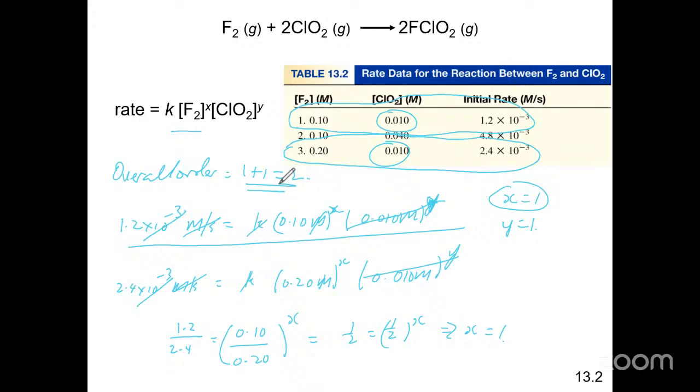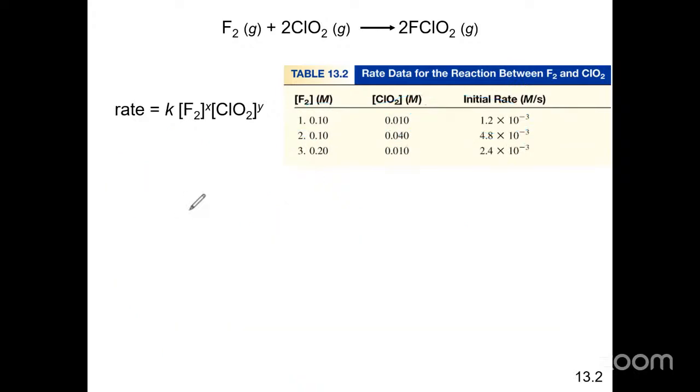Questions? Okay, one more thing I want to talk about with this question is that sometimes you may be asked to determine the rate constant, the k value, right? So let me show you how to do that. Let me clear this first. So to get the k value, we go back to the equation where rate is equal to k times the concentration of F2 times the concentration of ClO2, all right?